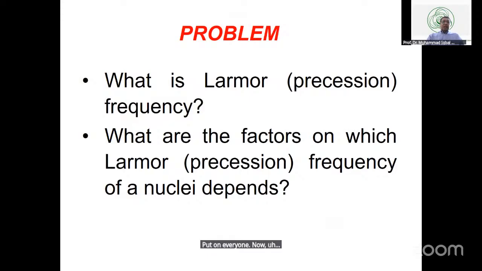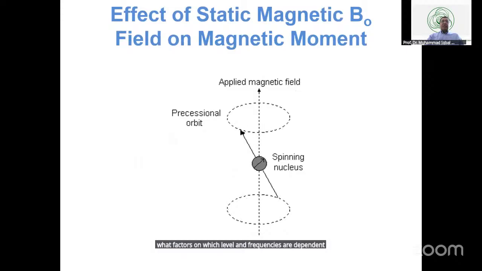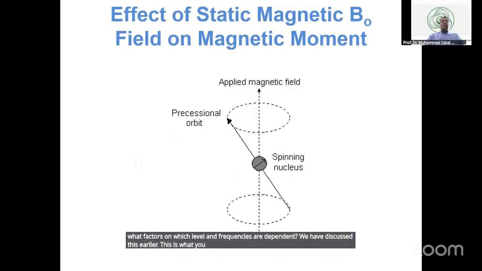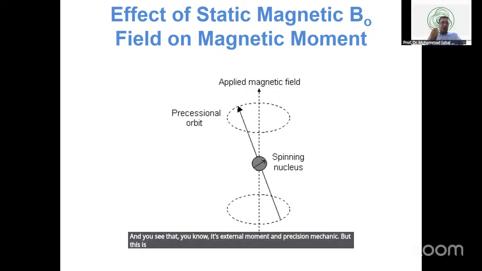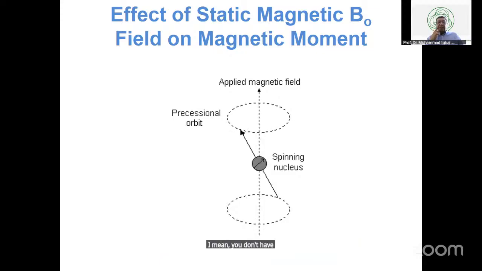That is what we would need to know. What are Larmor frequencies? What factors are Larmor frequencies dependent on? We have discussed this earlier. This is what you see, axial moment and precession mechanism. But this is not the only thing; you don't have one nuclear spin, you have millions and trillions of nuclear spins.